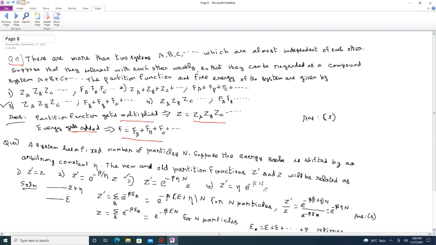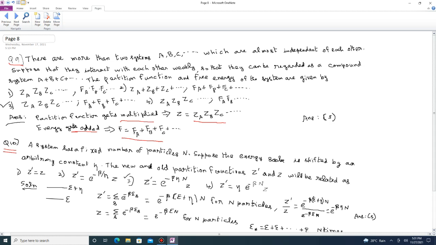Then question number 10. The system has a fixed number of particles n. Suppose the energy scale is shifted by an arbitrary constant eta. The new and old partition functions Z prime and Z will be related as follows; again there are 4 options given.